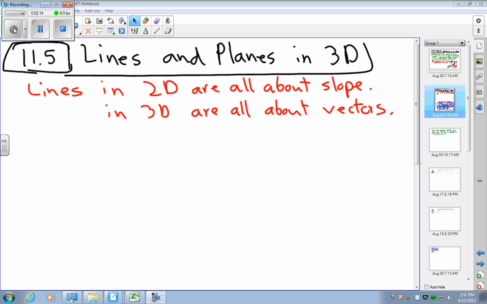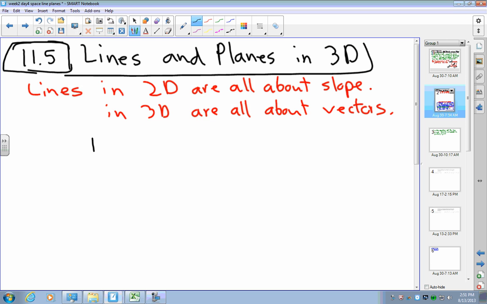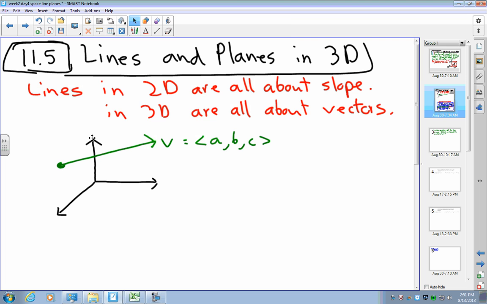So I'm going to draw a picture so you guys can see how this can look in terms of vectors. We've got our 3D world. I'll draw a vector, and let's just put it right there. We'll call that vector v, and the orientation of it is a, b, c. So when we talk about lines in the 3D world, let's say I put a line there.